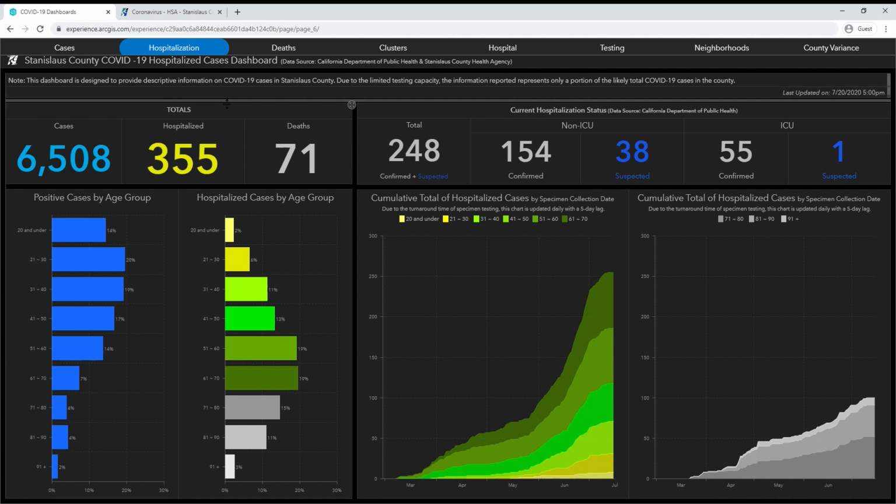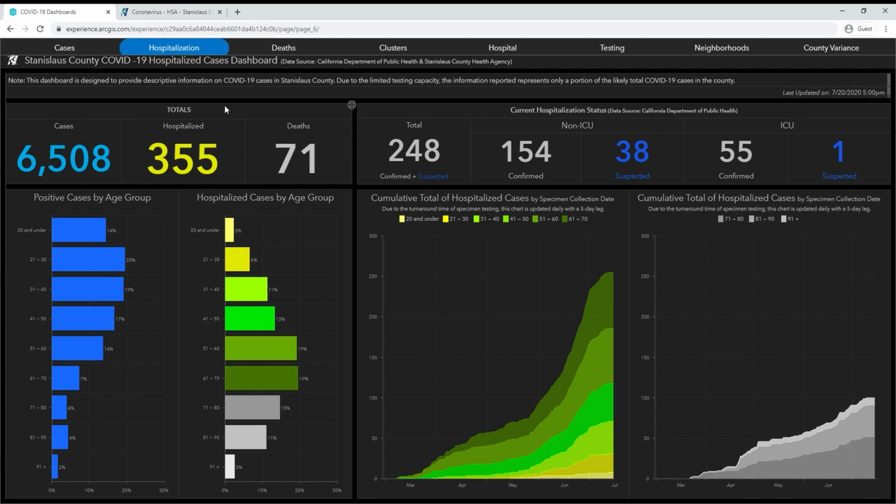Hospitalization information is reported based on a case interview that is completed by Stanislaus County COVID-19 investigators. For each case, they collect information such as if the patient was hospitalized, if the patient was admitted into the ICU, and if the patient was discharged.